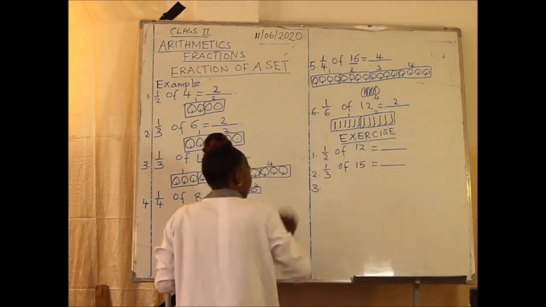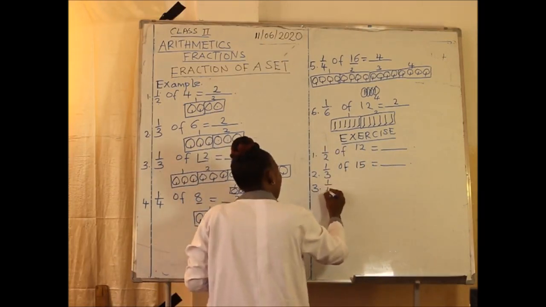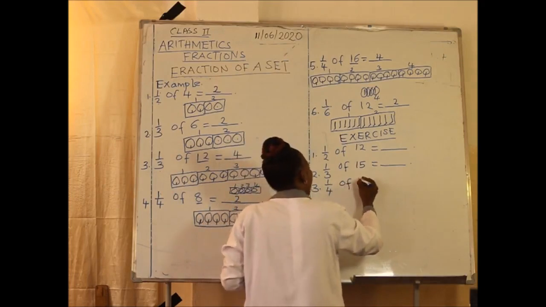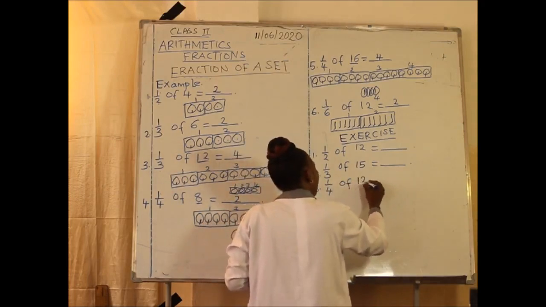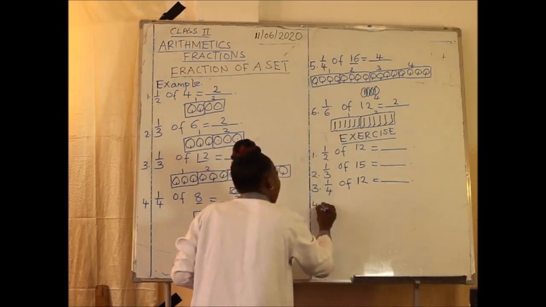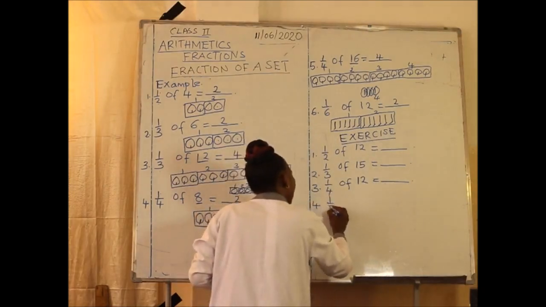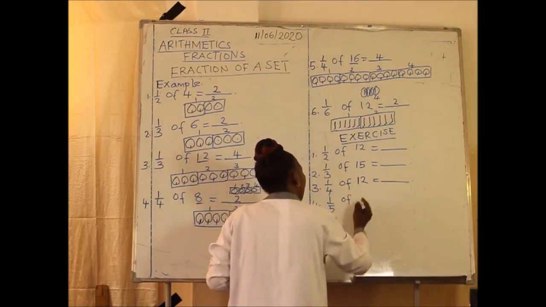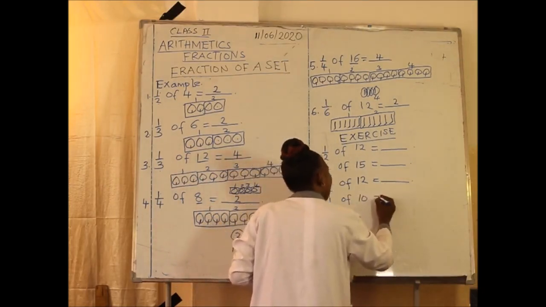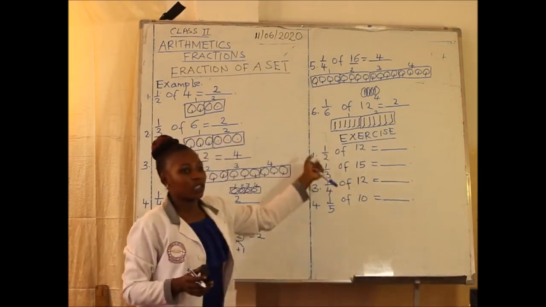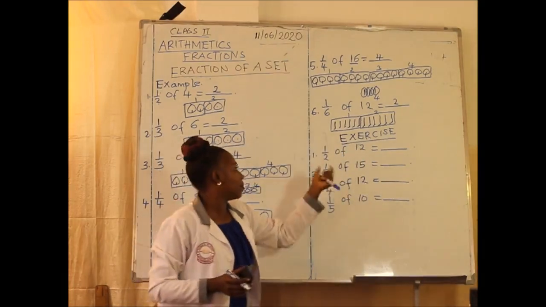Question number 3. 1 over 4 of 12 equals to dash. Number 4. 1 over 5 of 10 equals to dash. So these are some of the questions which you are supposed to answer.